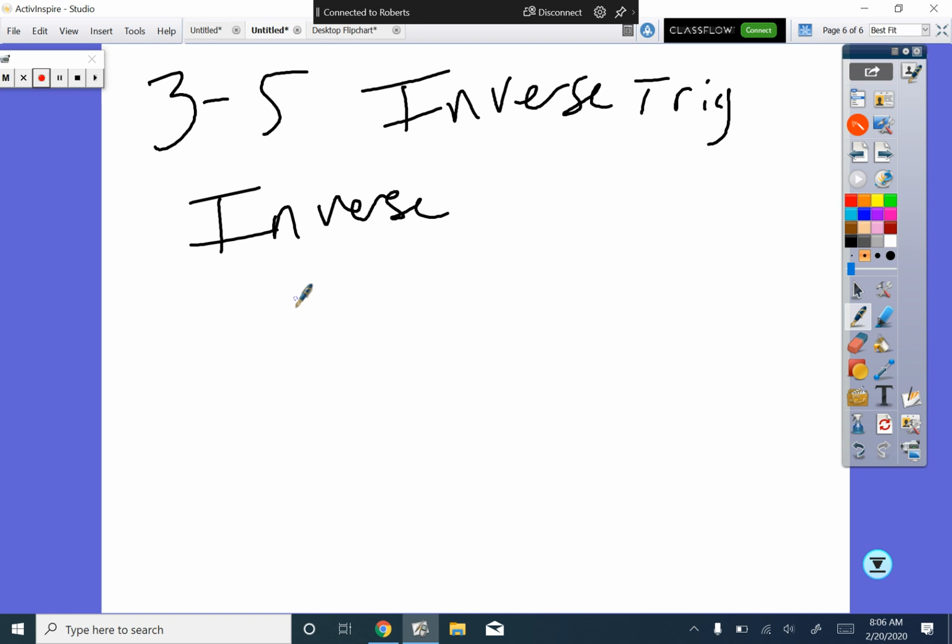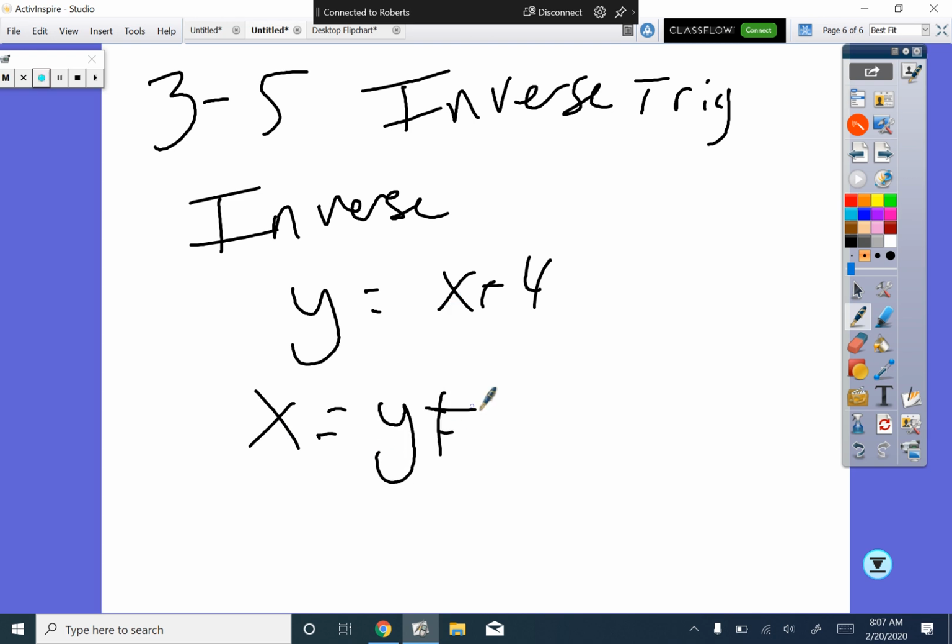So let's just do something that you feel comfortable with, like y equals x plus 4. It's a very basic equation of a line, right? What is its inverse? Remember, the definition of inverse is that the inputs become the outputs and the outputs become the inputs. So x becomes y, and y becomes x, and then we solve for y.